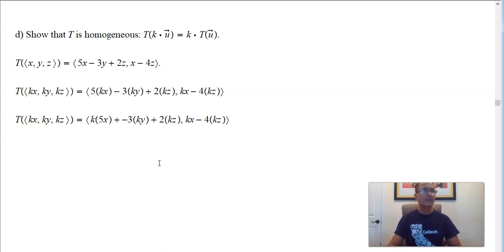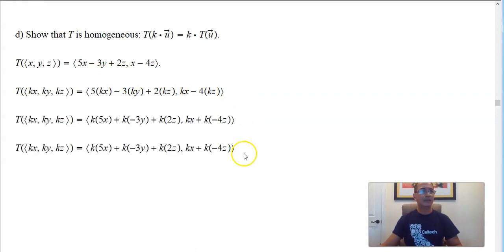In fact, let's put a plus k and put the minus 3 inside. k outside, 2 inside. k is already outside, plus k outside, and minus 4 inside. And you might be thinking, can't you just take the k outside? Yes, but I really want to see why things happen in mathematics.